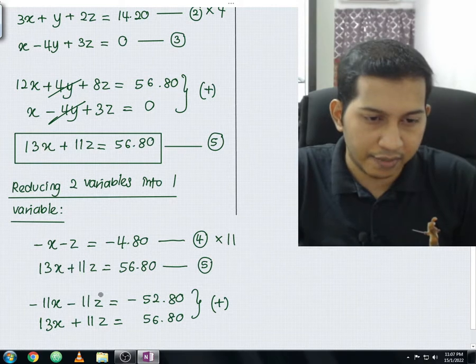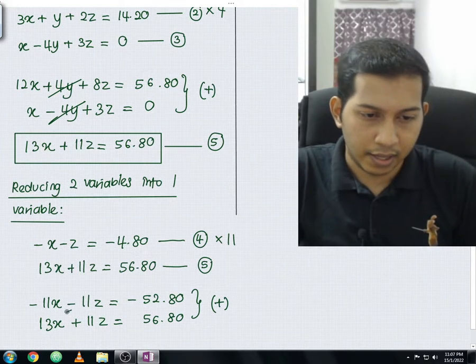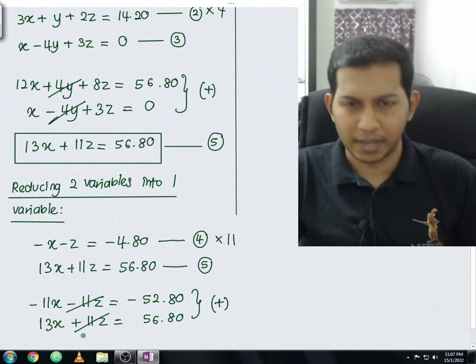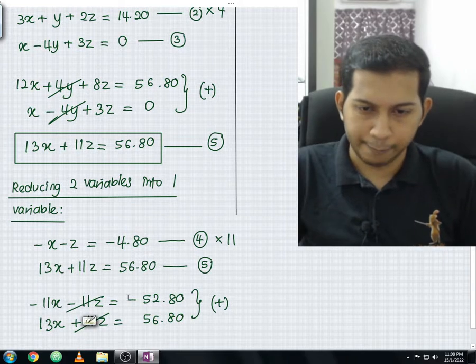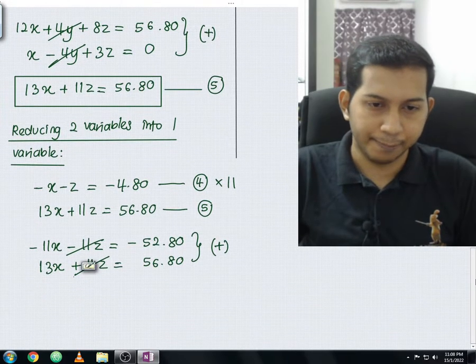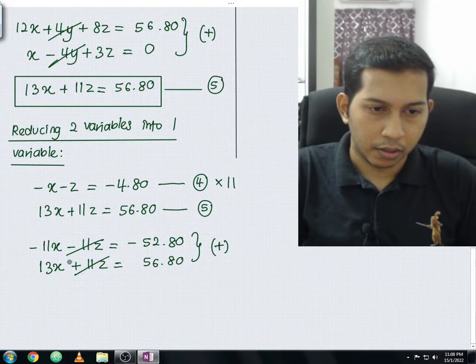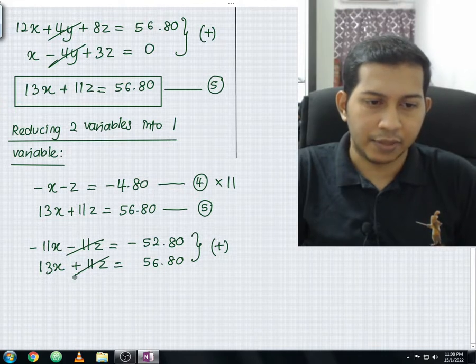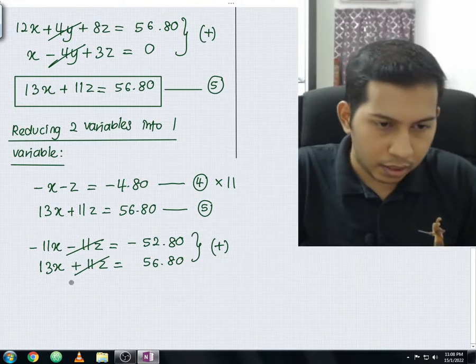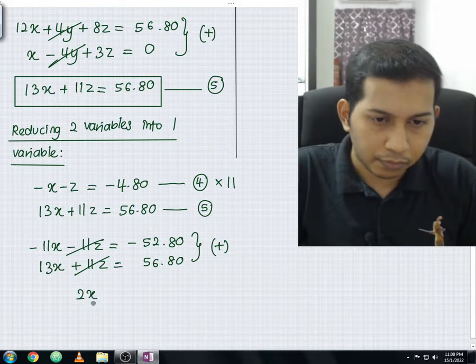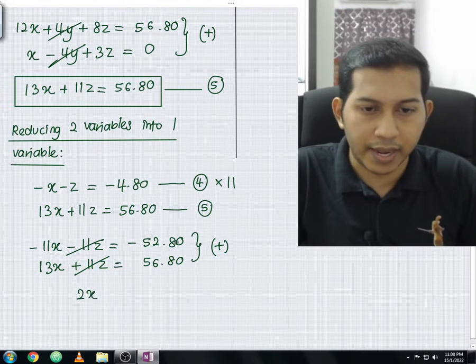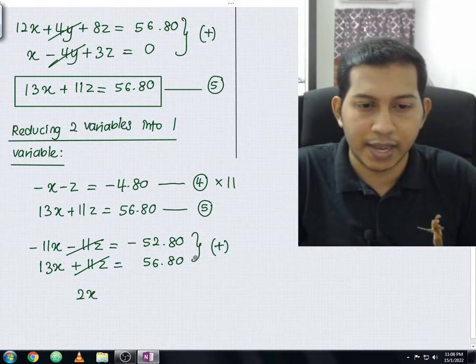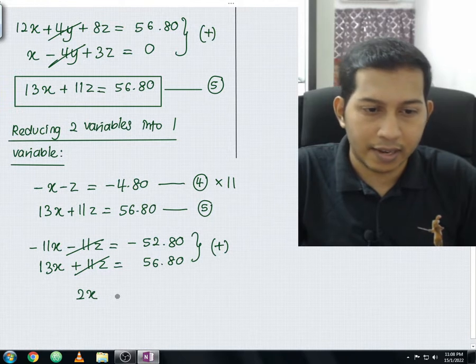So negative 11z and positive 11z cancel off and become 0. Negative 11x plus 13x, you only left with 2x. Negative 52.80 plus 56.80, you will get 4.